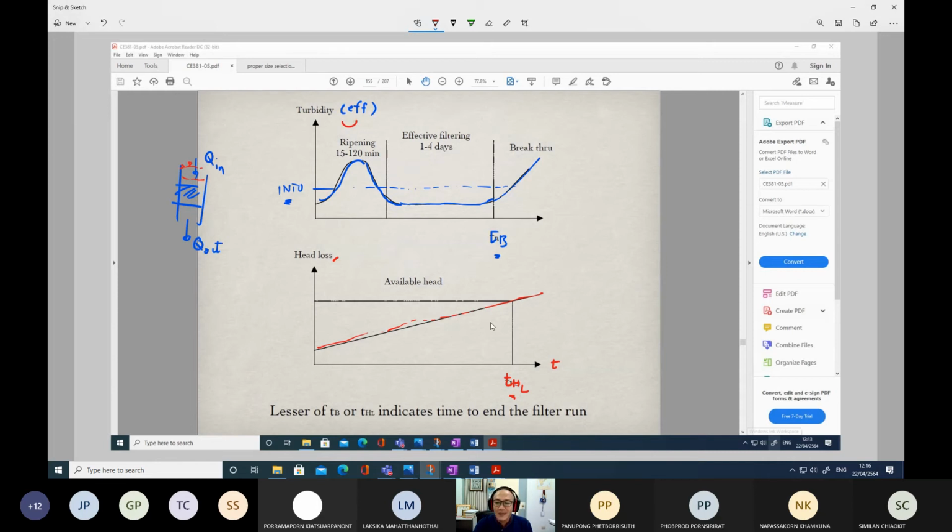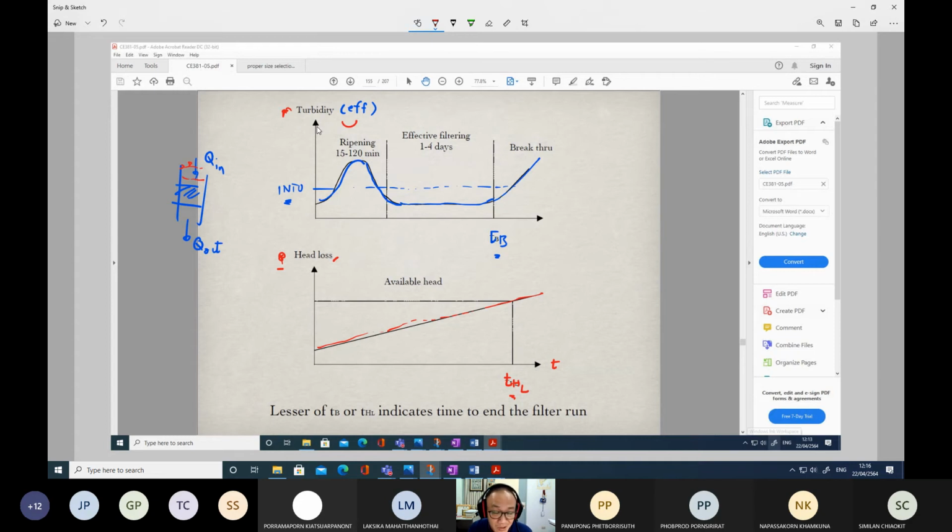In the design and operations, engineers prefer to observe the head loss instead of the turbidity. Why? Because the head loss is simple. You can just look at it and measure the water levels. But turbidity is also okay.